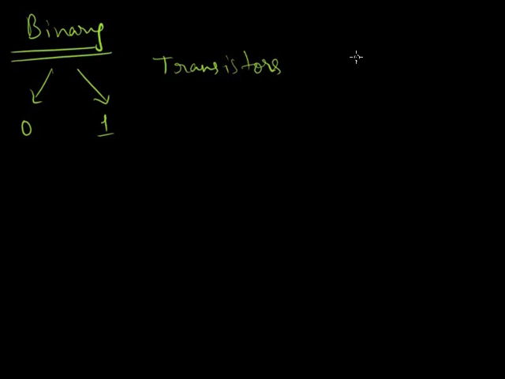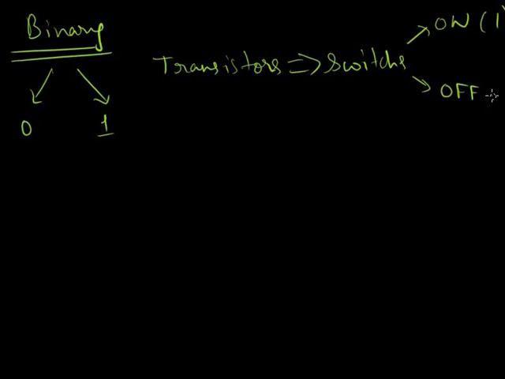And transistors in electronics terminology are nothing but switches, which perform only two things, on and off. On and off are very easy to represent in electronics. On means 1, off means 0. So it's so simple.